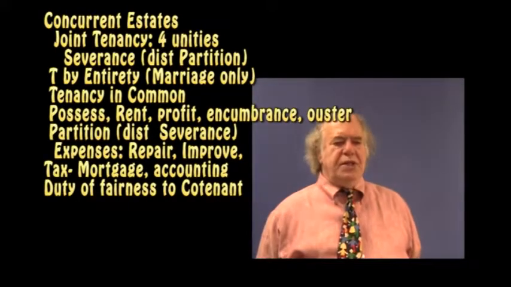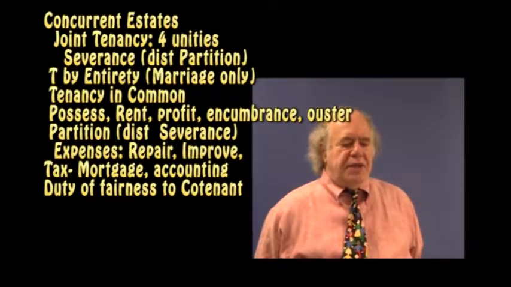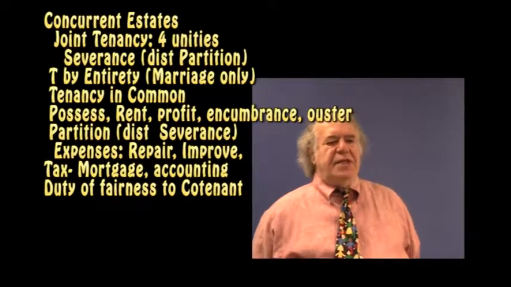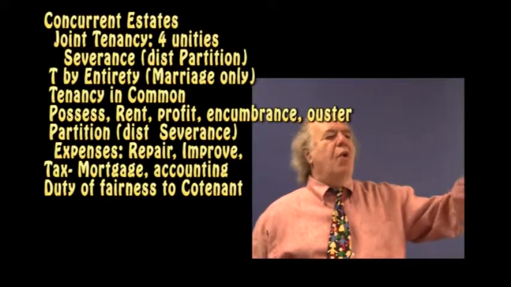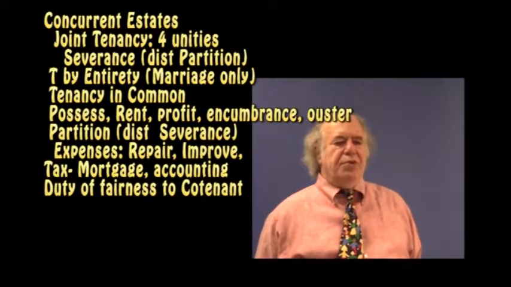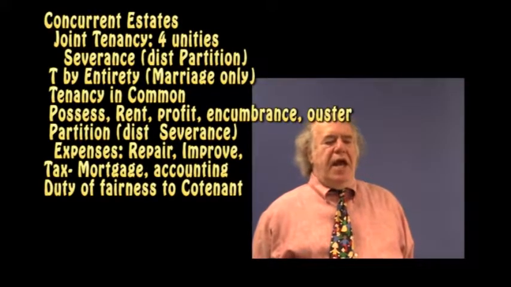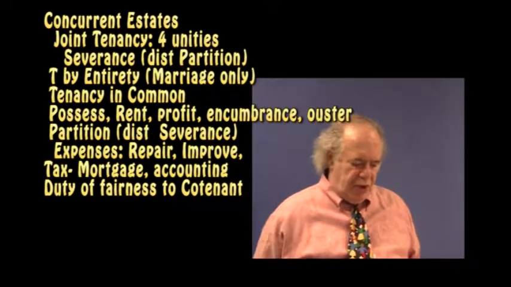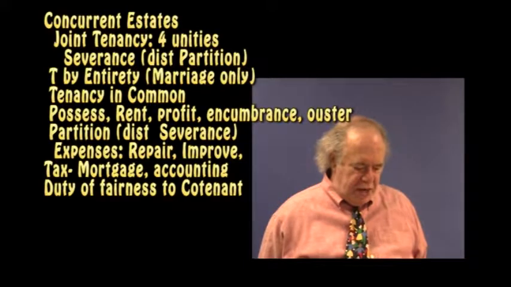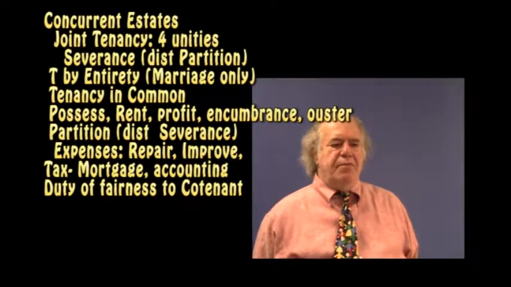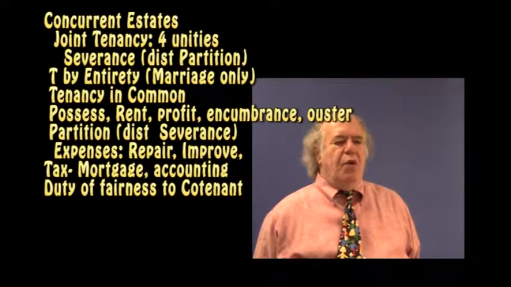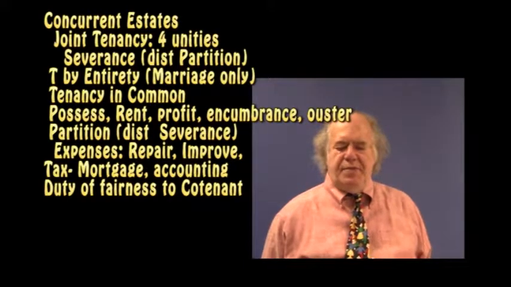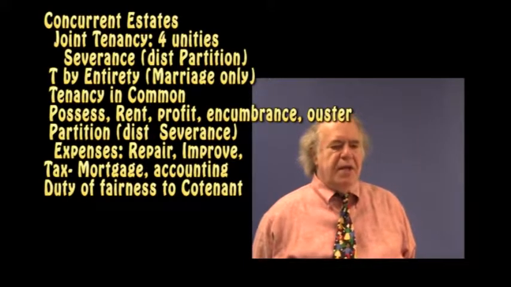If there are 2 joint tenants and at the time one of them dies, at the time of his death, the other one just owns the whole thing automatically. If there are 3 joint tenants and one of them dies, the other 2 now become 50-50 in their ownership. So this right of survivorship is very, very important. It's done on purpose so that one does not have to pass the land by will or anything else. It's automatic.